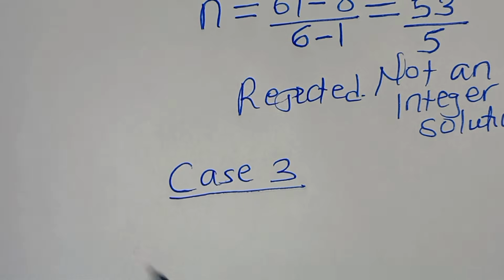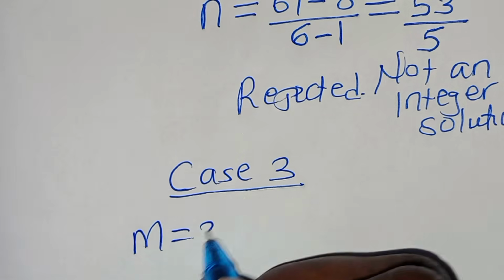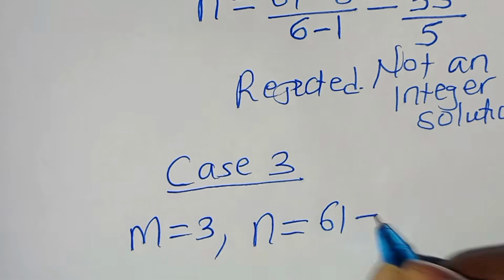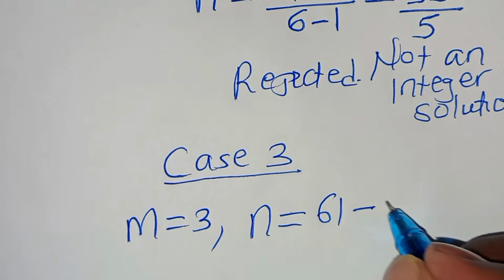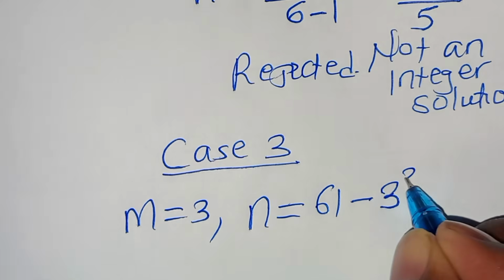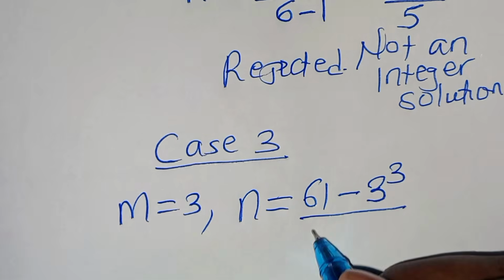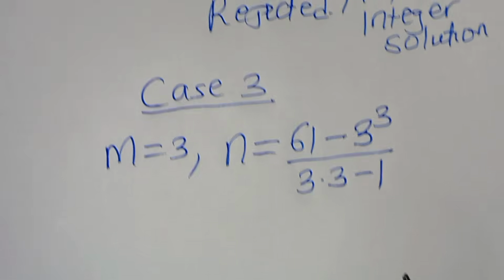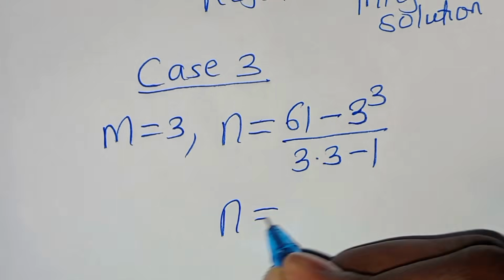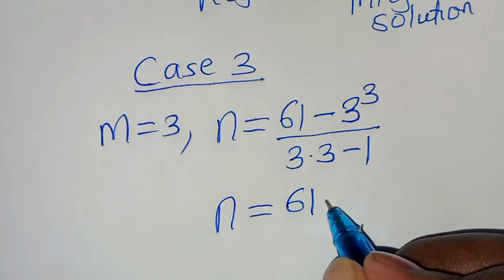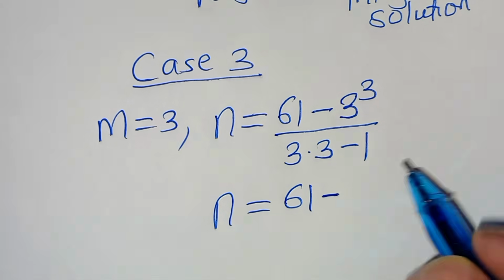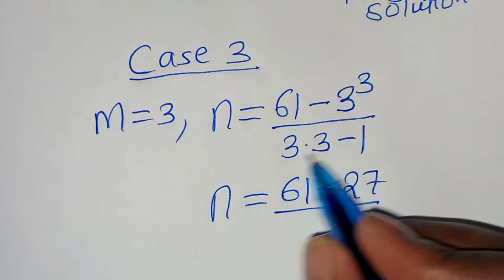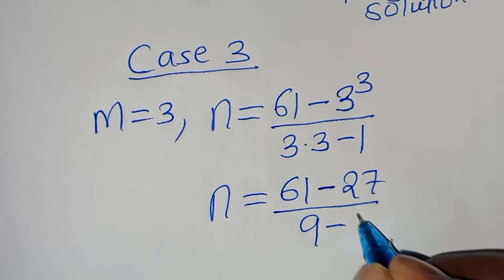Case 3, we have m equal to 3, so that n is equal to 61 minus m to the power of 3, which is 3 to the power of 3, divided by 3 times 3, subtract 1. So n is equal to 61 subtract 3 to the power of 3, which is 27, divided by 3 times 3, which is 9, minus 1.